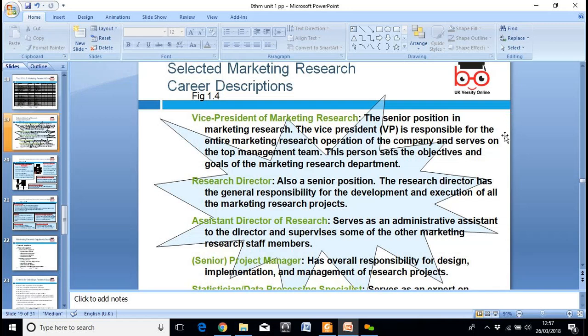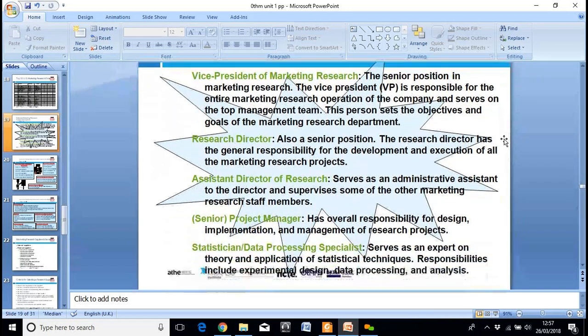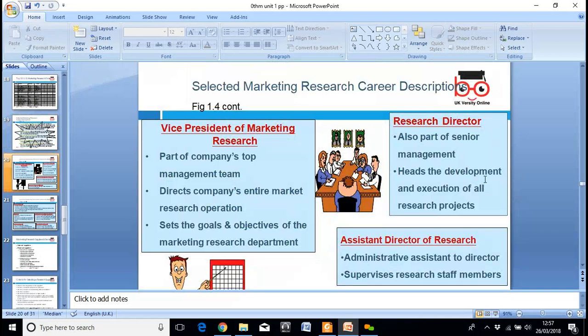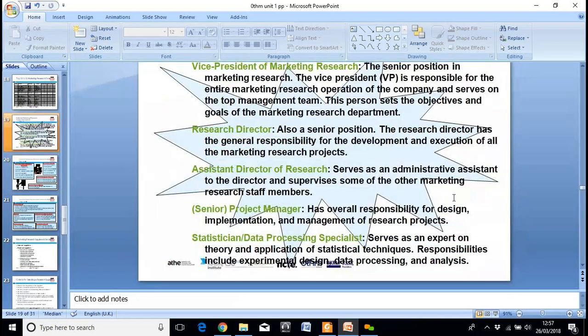He may even be on the board. He sets the objectives and the goals for the marketing research department. The director also has a senior position. He has general responsibility for the development of marketing research projects. Assistant director serves as an administrative assistant to the director and supervises some of the other marketing research staff members. Project manager has overall responsibility for design, implementation, and management of research projects.